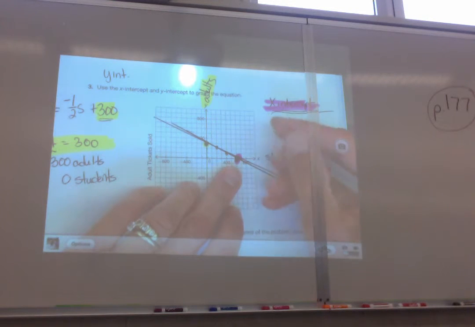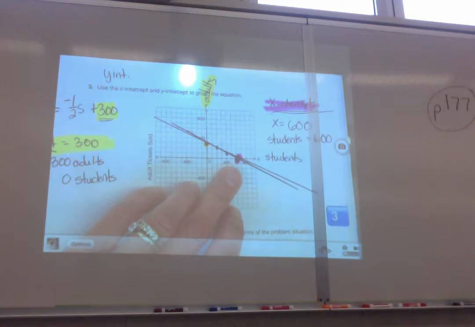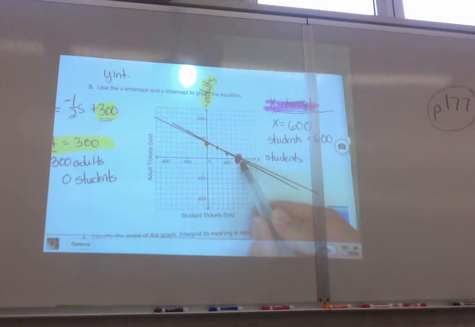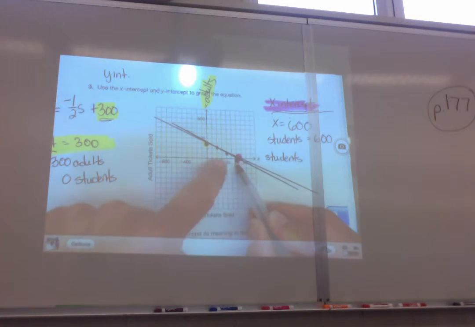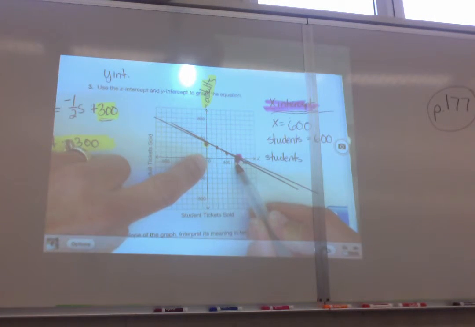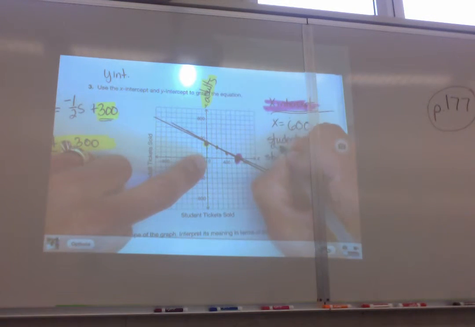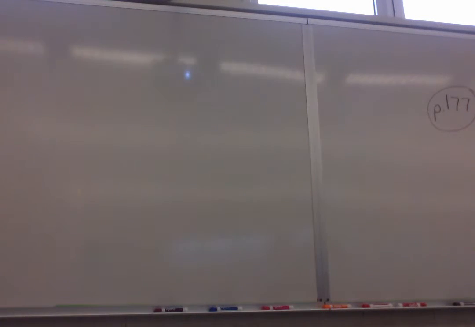That means students equals 600. What do adults equal? 300? No, right here. At this spot, they do for the intercept, 0. If I am at this big pink spot and I look across to the adult value, right there is 0 because we're not up or down. Student tickets equals 600. Adults equals 0.